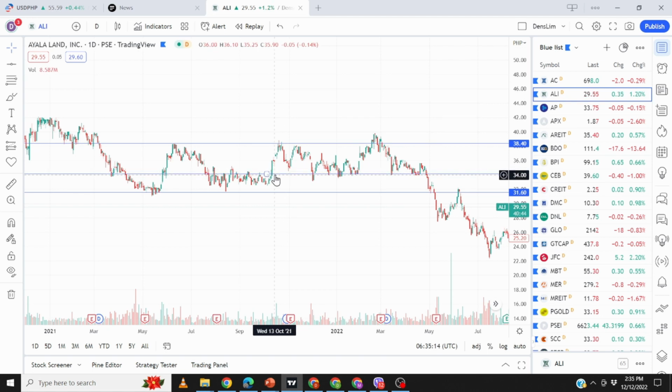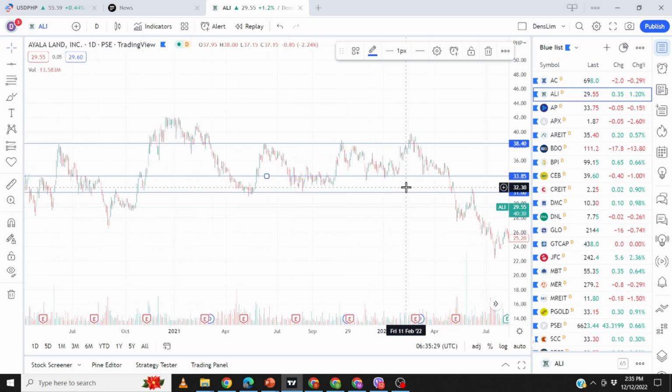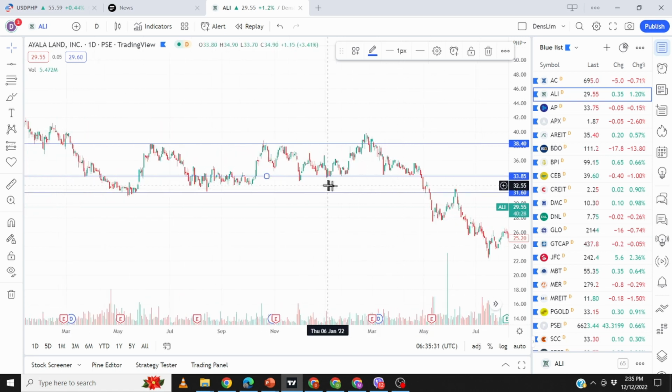Around 34 and then 38, 34, 38. So you can buy when it reaches like 33.85, and then you can sell when it reaches 38, right? So drawing these horizontal lines already gives you a range from which you can trade certain stocks, or when to buy more of that stock, because you know it's just going to bounce off of support.